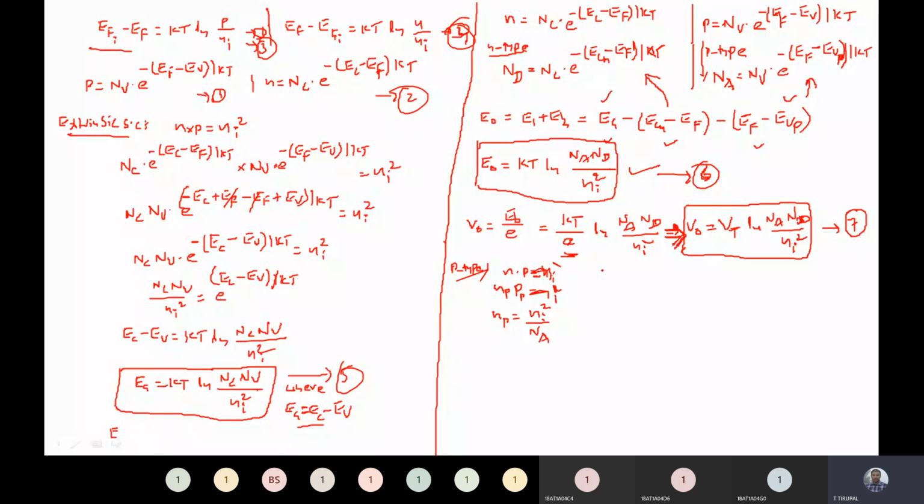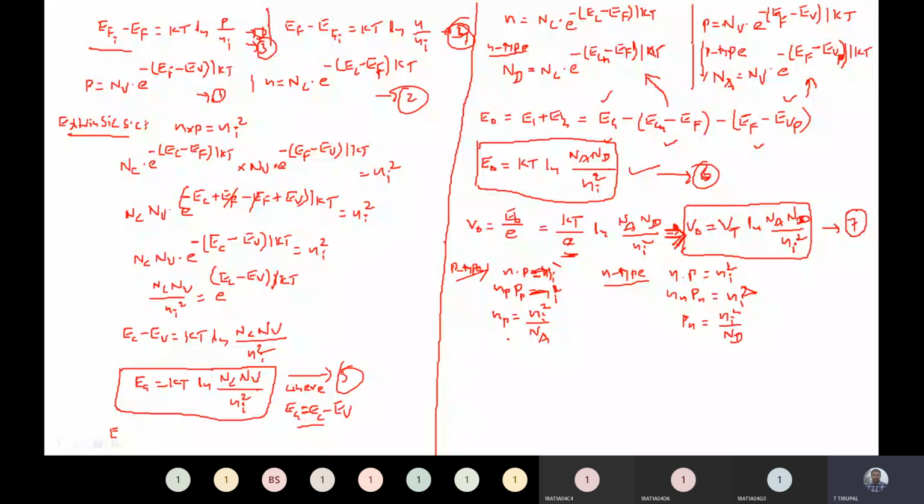Now similarly for N-type semiconductor, according to the mass action law, N into P is equal to Ni square. So Nn times Pn is equal to Ni square. So what is Pn here? The minority charge carrier concentration, which can be written as Ni square divided by Nd. Nd is the donor concentration.